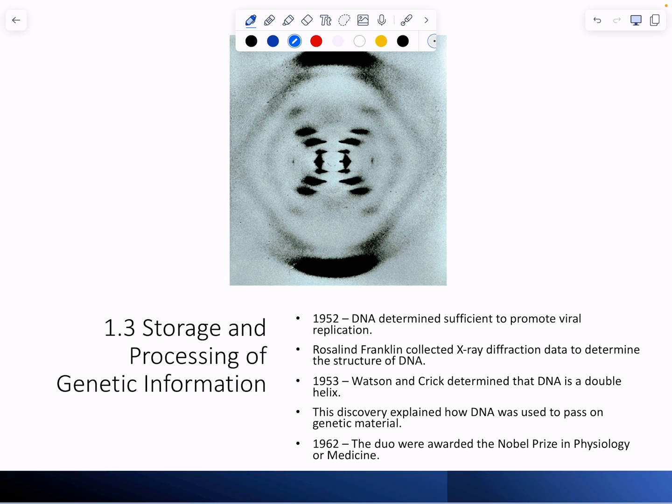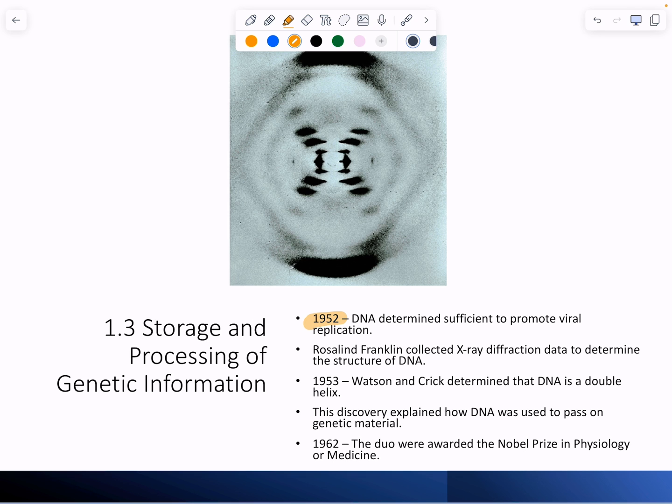we didn't even know, 100 years ago, that DNA was the thing that was controlling what happens in cells. So it wasn't until 1952 that we determined that all certain viruses need is DNA to replicate, to infect other cells and to make copies of themselves.